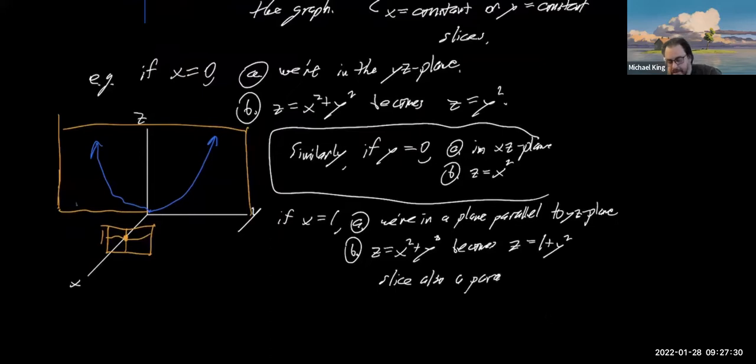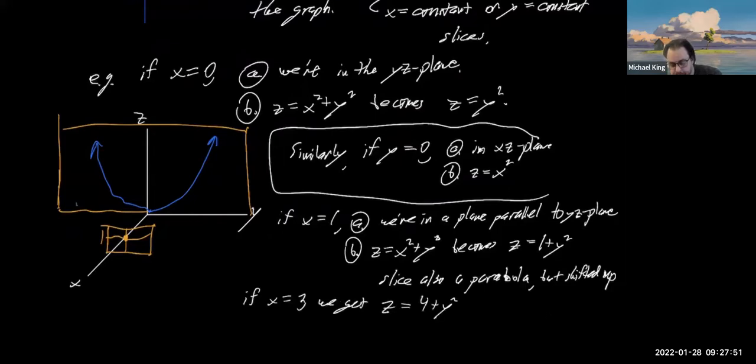I'm going to show you some visualization software that will hopefully make this all a lot cleaner. But shift it up, and then we could just keep going. If x equals 2, we get z equals 4 plus y squared. That's another parabola, shifted up by 4, and when x is 3, we get 9 plus y squared, so it's shifted up by 9, etc.